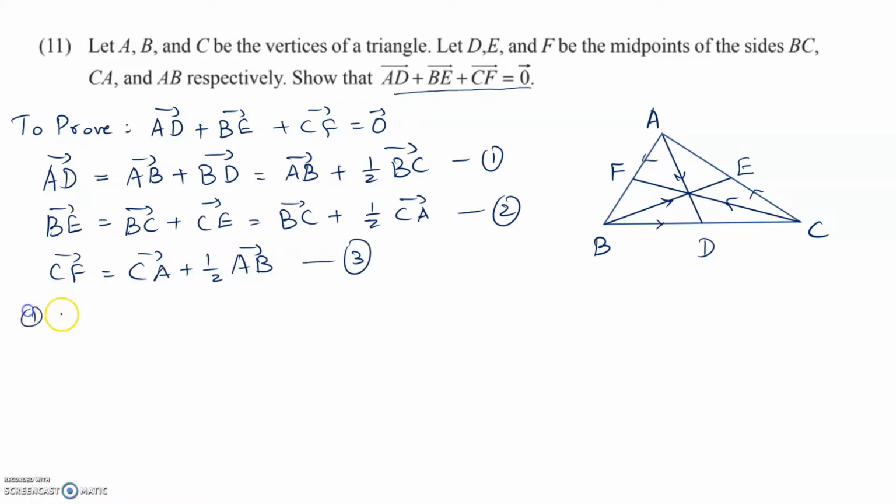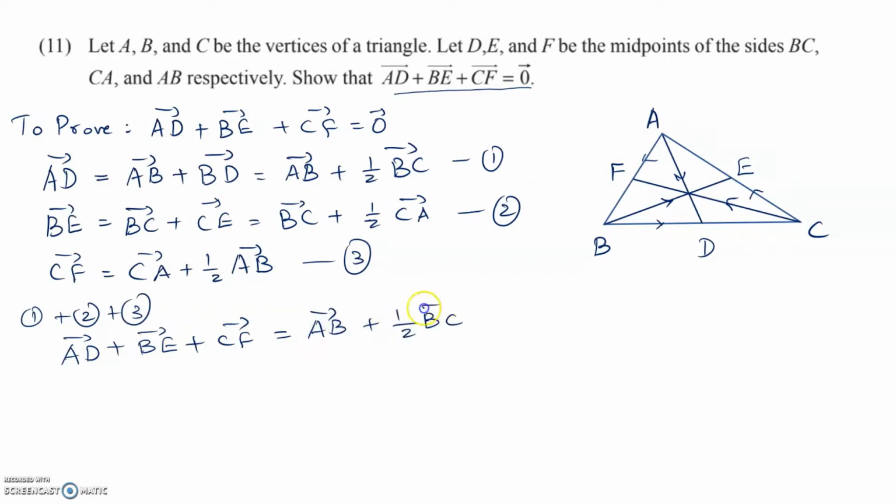Now adding 1 plus 2 plus 3, you will get your left hand side as AD vector plus BE vector plus CF vector is equal to, let's put the values, AB vector plus half of BC vector plus BC vector plus half of CA vector plus CA vector plus half of AB vector.